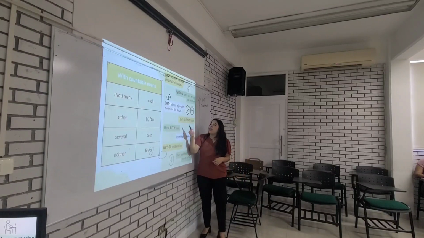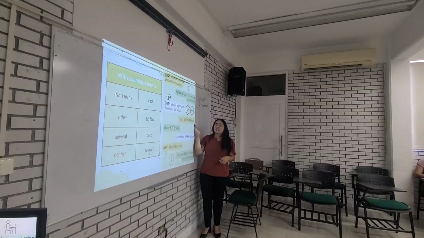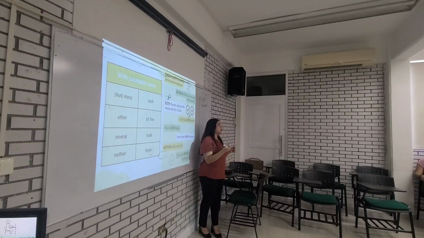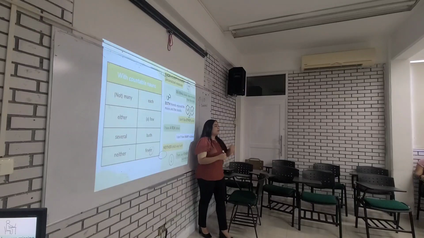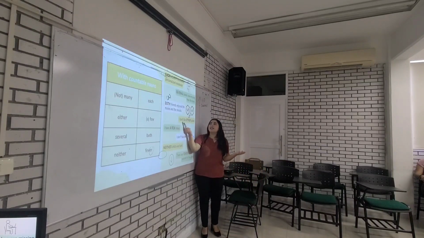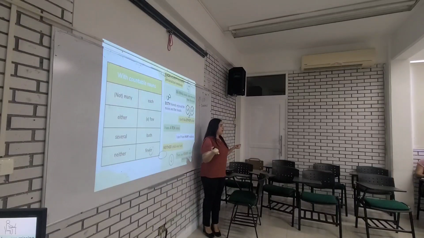And then I have, I don't like either jacket. A little bit more tricky because either also refers to two options, okay? I have a blue jacket and a red jacket, and I told my mom, I don't like either of them, okay?